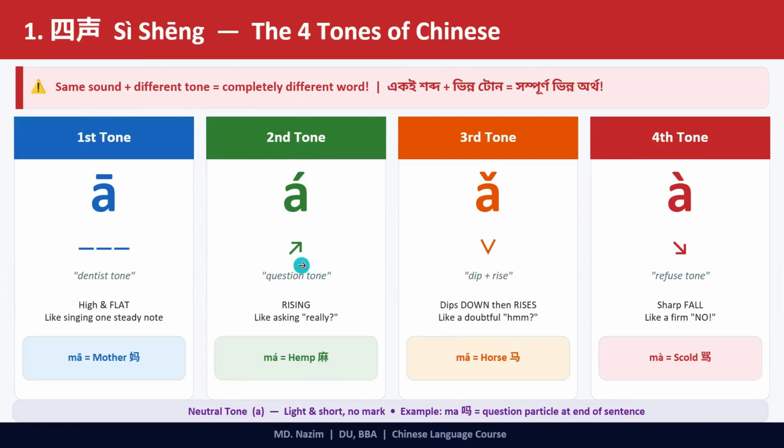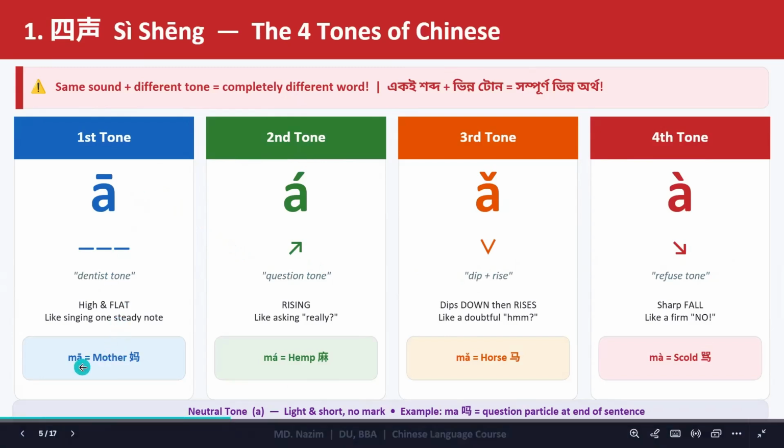So we can see that if we use first tone with the initial and final ma, this means mother. If we use second tone, ma, this means hemp, or numb, in English.